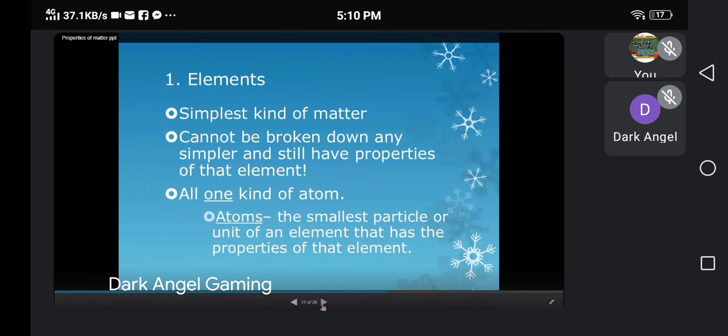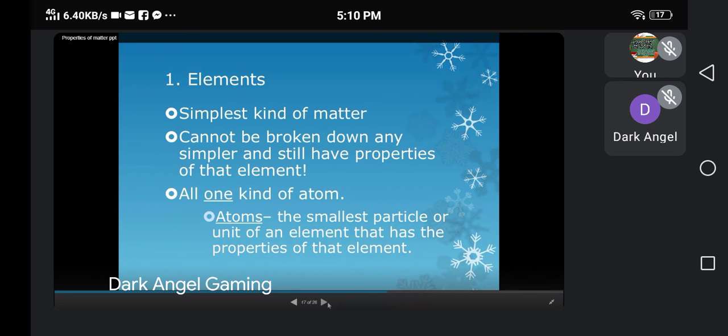So what are elements? The simplest kind of matter, cannot be broken down any simpler and still have the properties of the element. All one kind of atom.